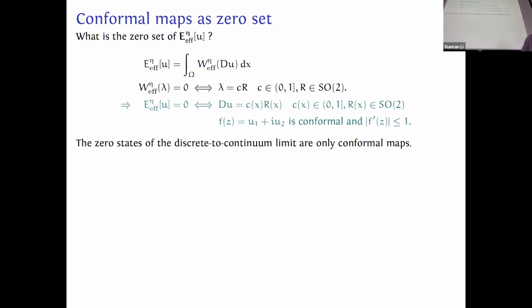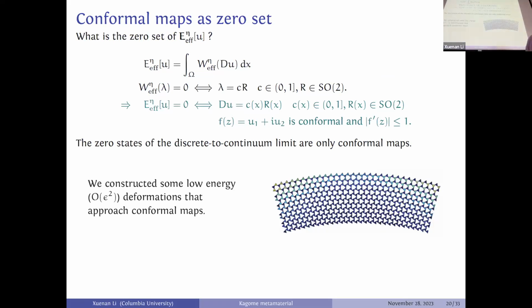Because what is a constant times rotation? It's just c cosine, negative c sine, and then c sine, c cosine. So you can see the diagonal entries are the same, and the off-diagonal entries are negatives of each other. That's actually a Cauchy-Riemann equation. So if the gradient of u is equal to a constant times rotation, it must indicate that u is a conformal map.